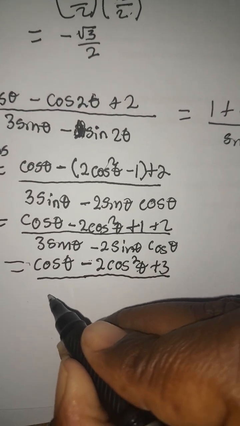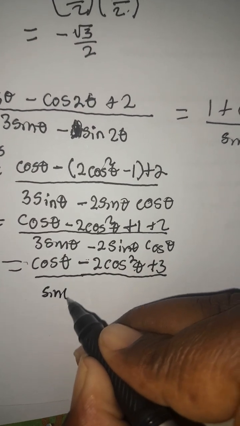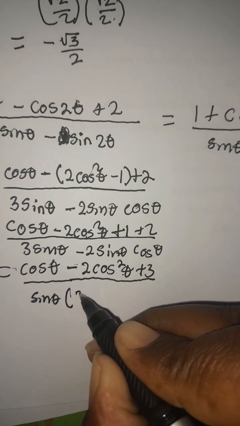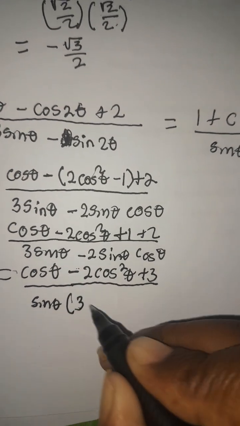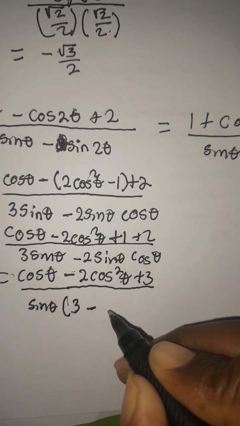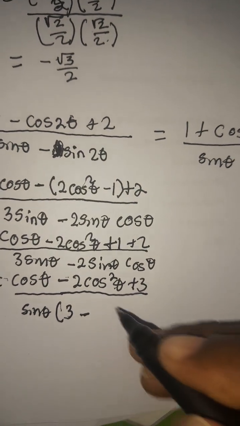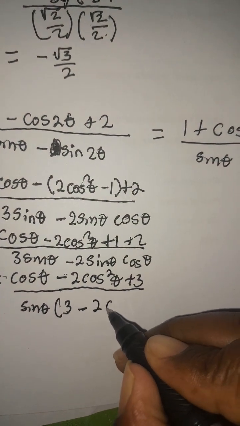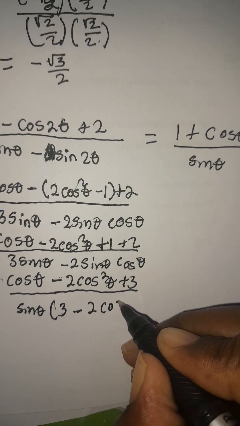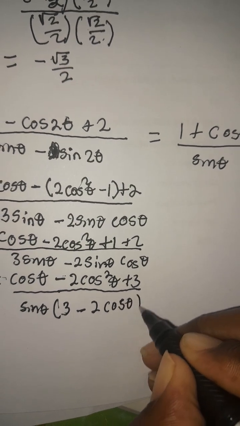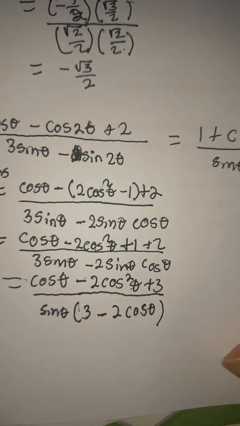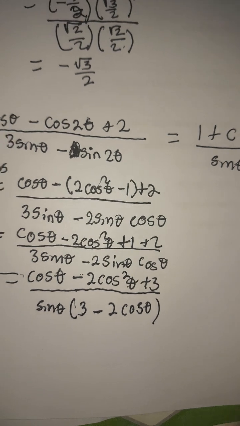The highest common factor is sine, so we'll be left with sine here and 3, because sine times 3 is 3 sine. For me to get to 2 sine theta and cos theta, I need 2, so this will be 2 cos theta. Yes, this is what I am going to have here.